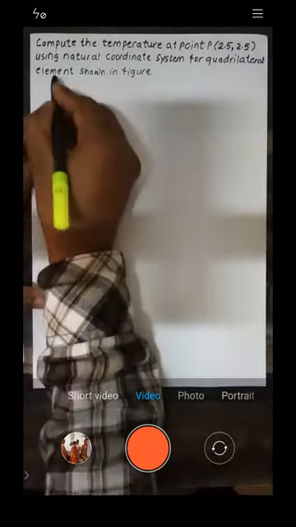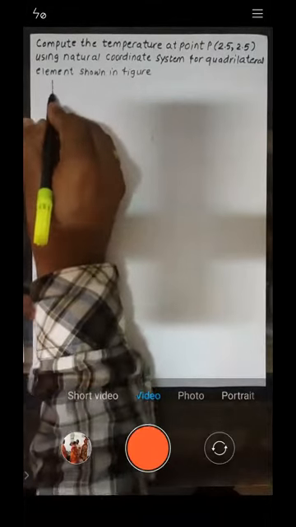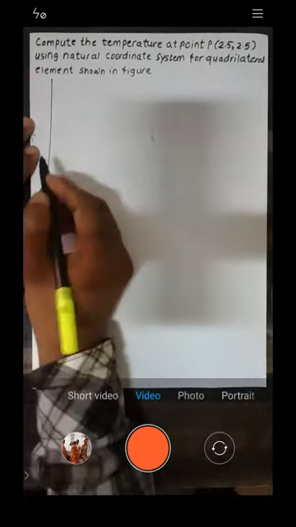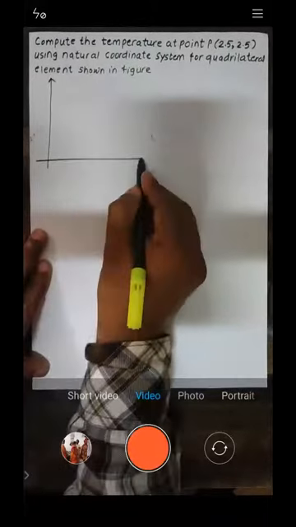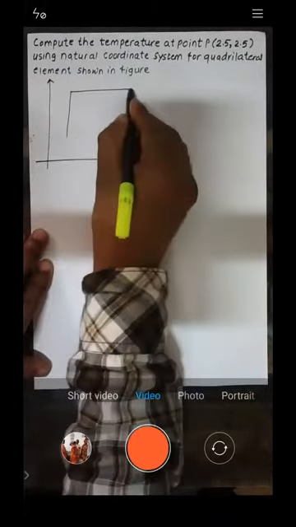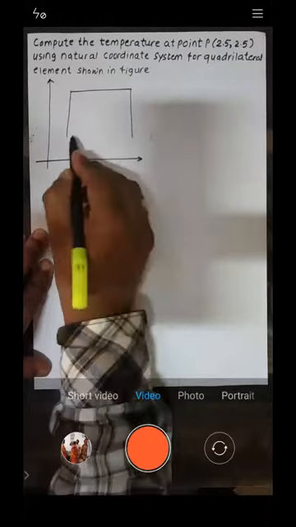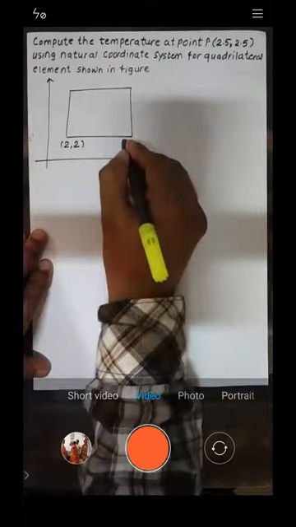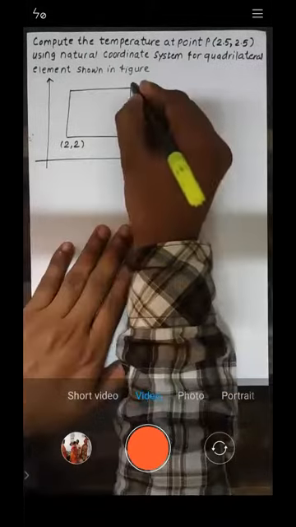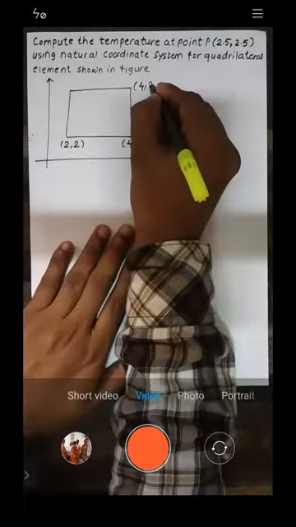Okay, now let's see the diagram. This is (2, 2). This is (4, 2). This is (4, 3).